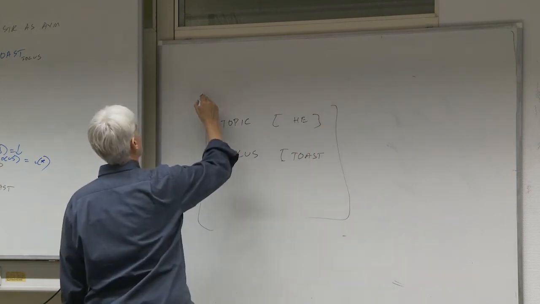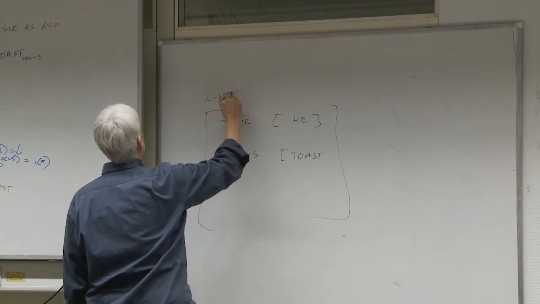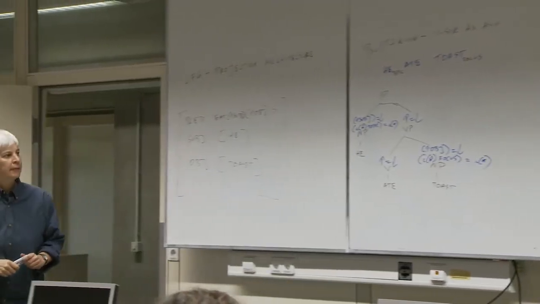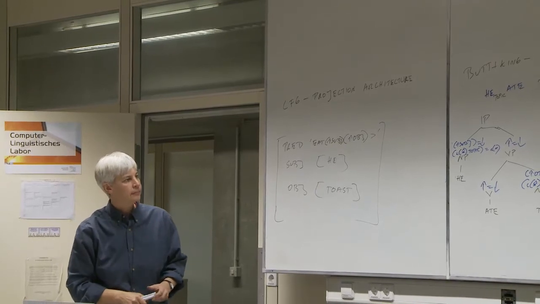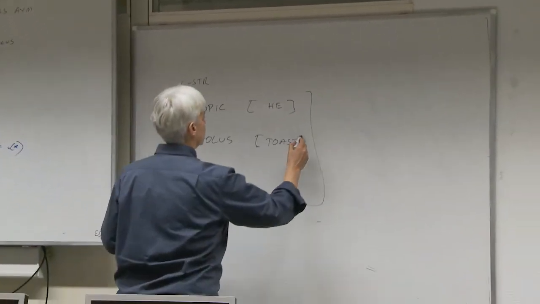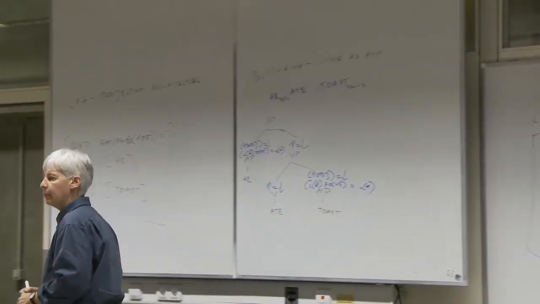And that's actually it. So in this example, there's not much difference going on, right? I mean, we just have two things, and we have subject, which is topic, and an object, which is focus, which is a very normal thing to happen.